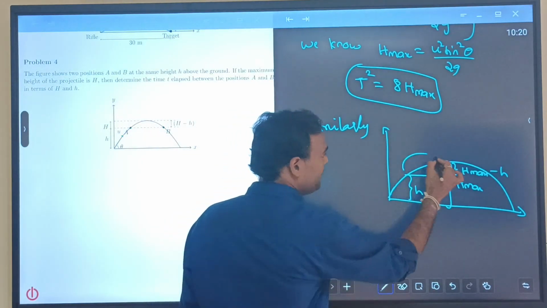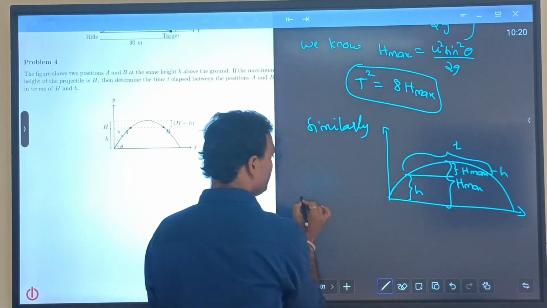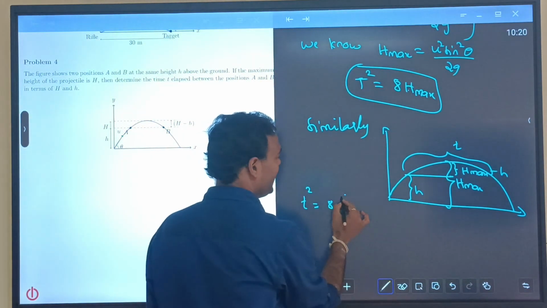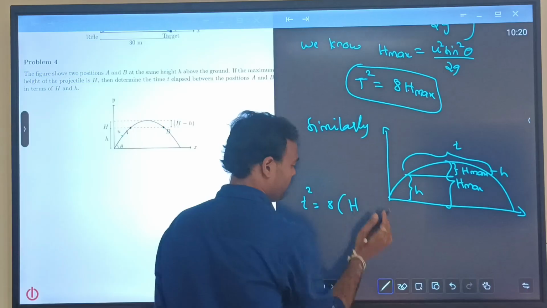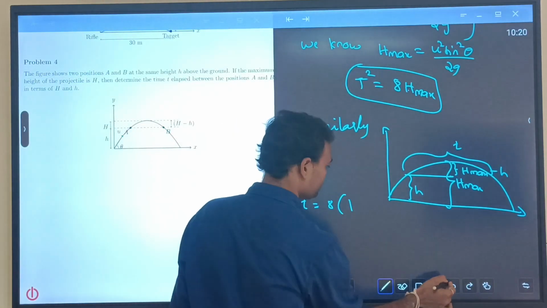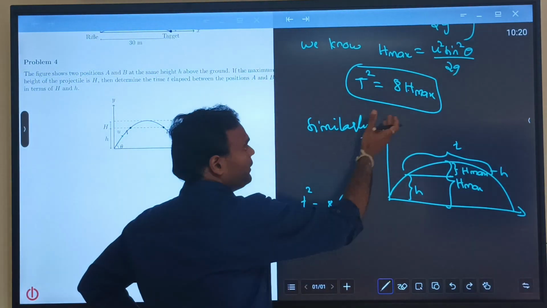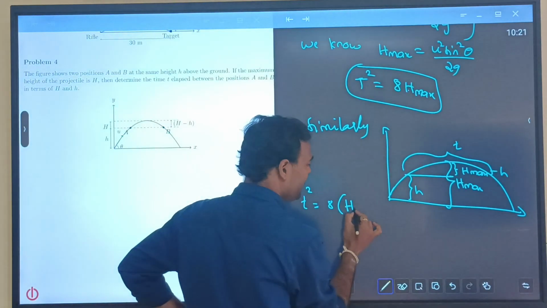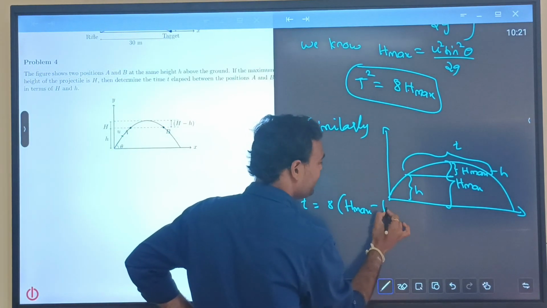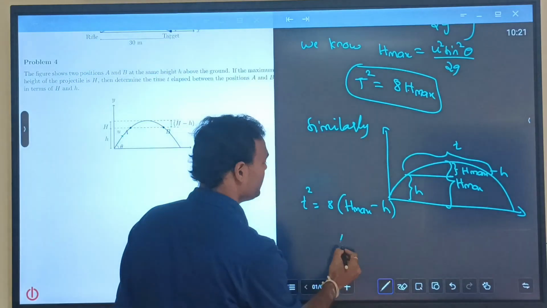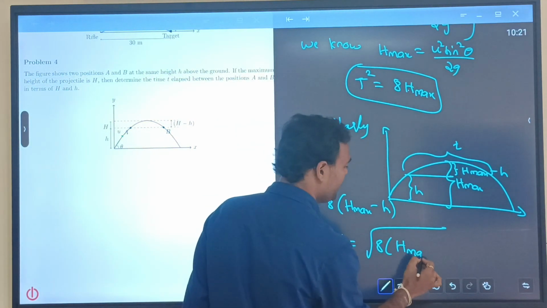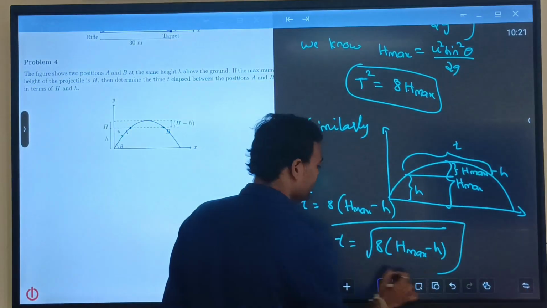Can I say the time taken from here to here as t, similar to this equation, t square is 8 h. Now instead of h max, for this displacement it will be h max minus h. So the required time value is under root of 8 times h max minus h. This is the required answer.